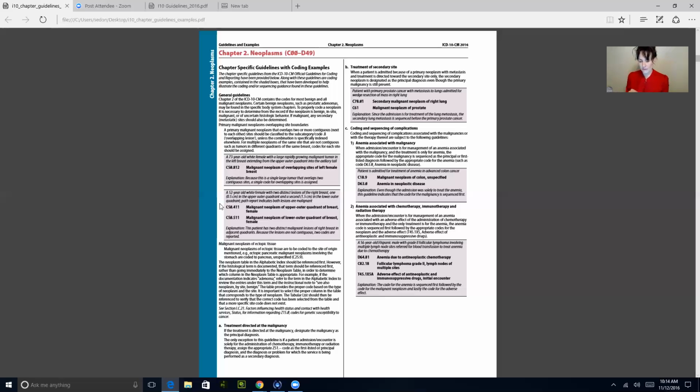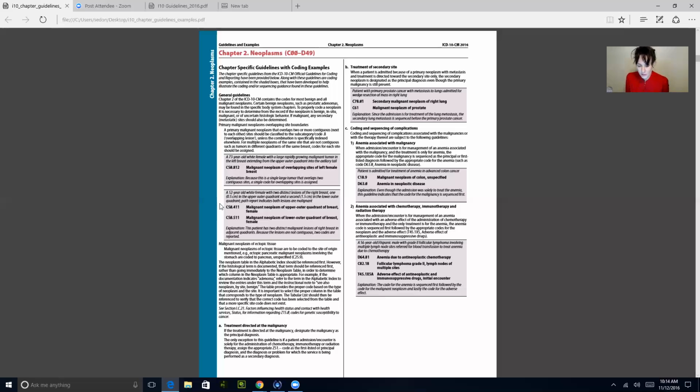So that T45 is our adverse effect of drugs code. And so it's just giving us an example of that. So see how, depending on why the patient is admitted or why the patient is having an encounter at all, really determines how we sequence the codes and what the codes are.